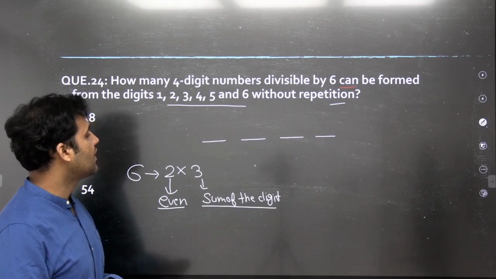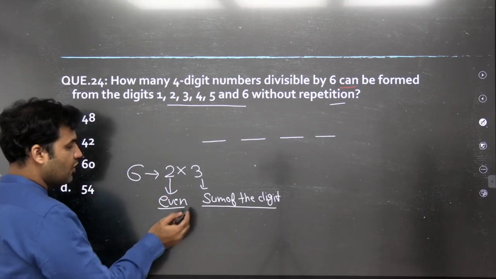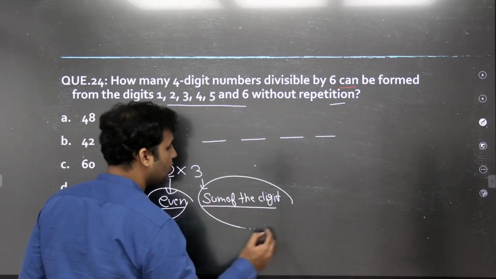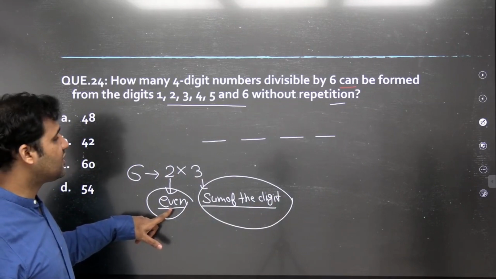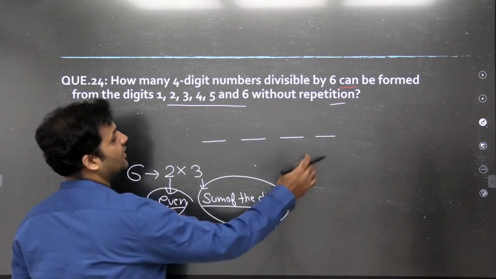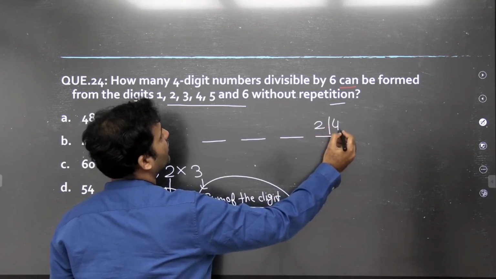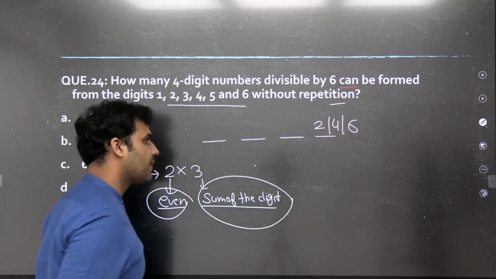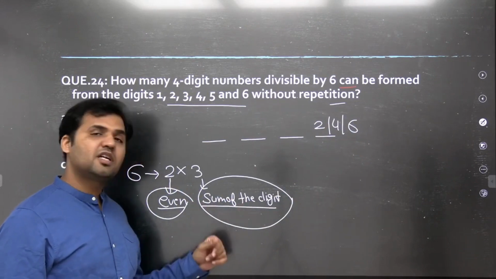Now, tell me, guys, I have to satisfy both of these conditions to make sure the number is divisible by 6. The even condition can easily be satisfied if I make sure that the 4-digit number has either 2 or 4 or 6 at its unit place. But I also have to satisfy the condition that the sum of the digits should be a multiple of 3.